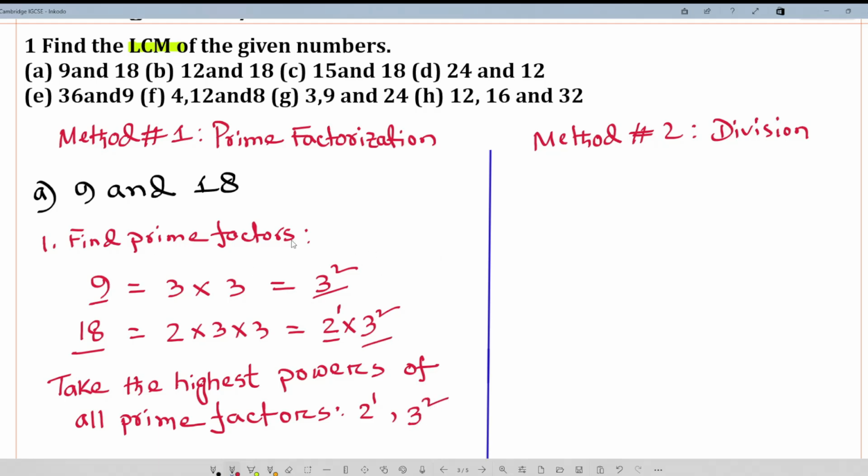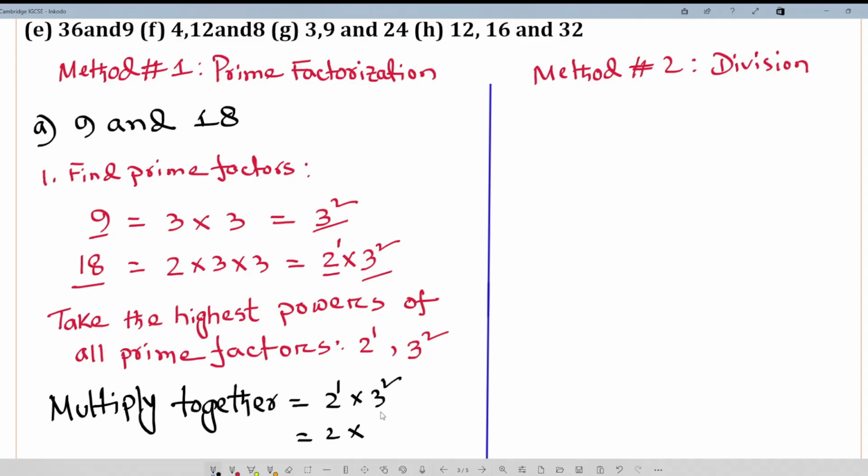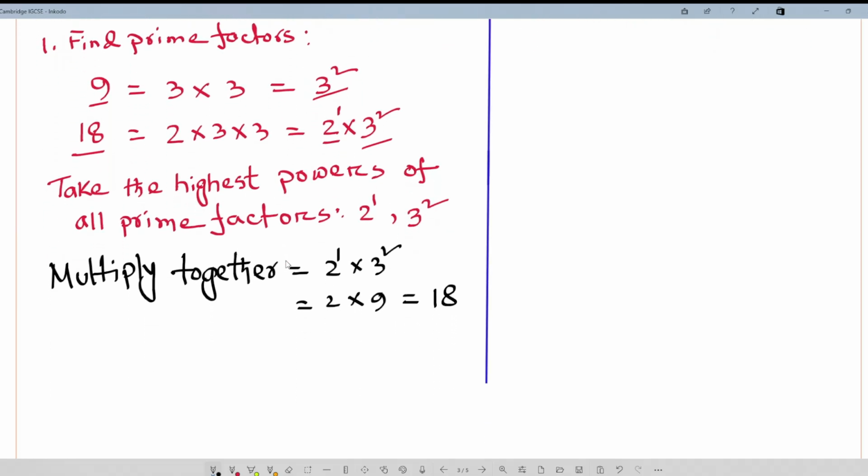Now multiply together. So what will be the result? 2 to the power 1 times 3 square. It means 2 times 9, which is 18. So we can say LCM of 9 and 18 equals 18, and this is our answer.